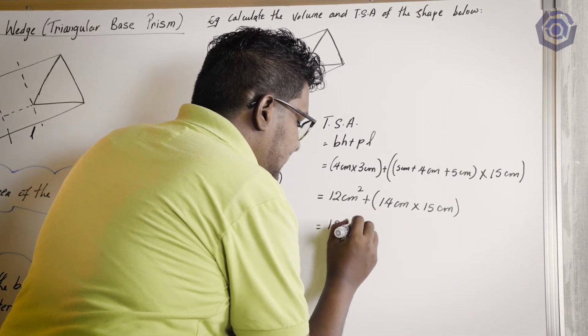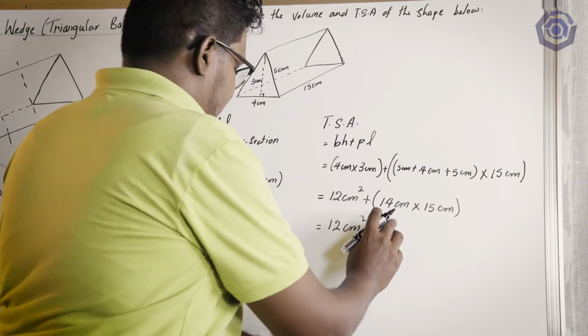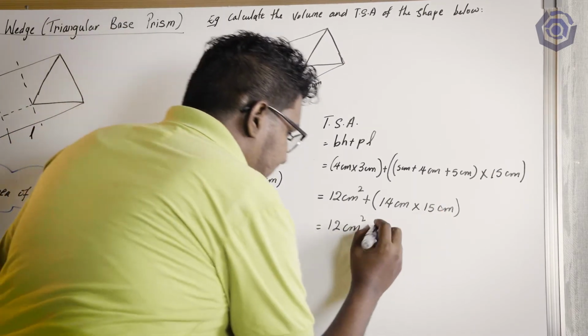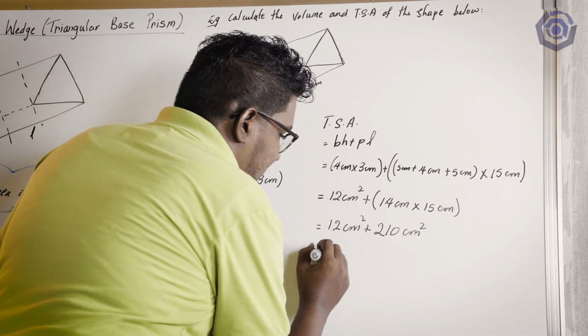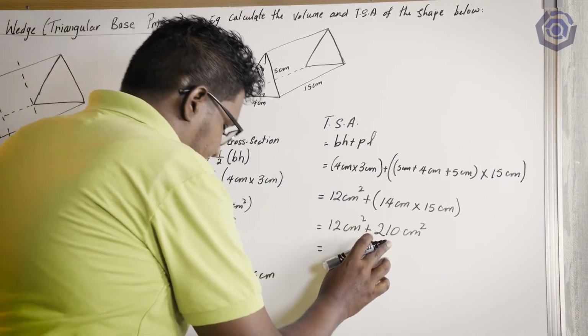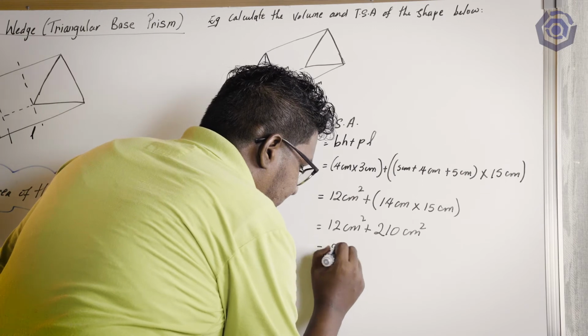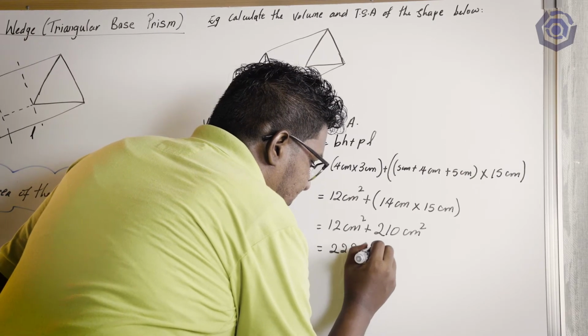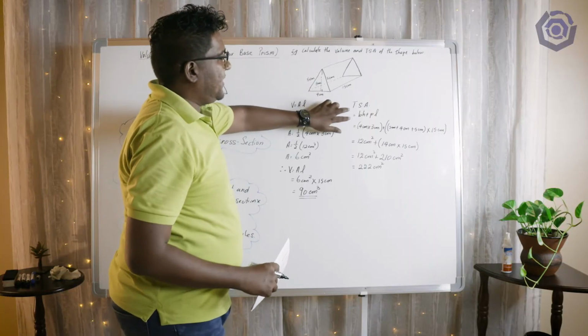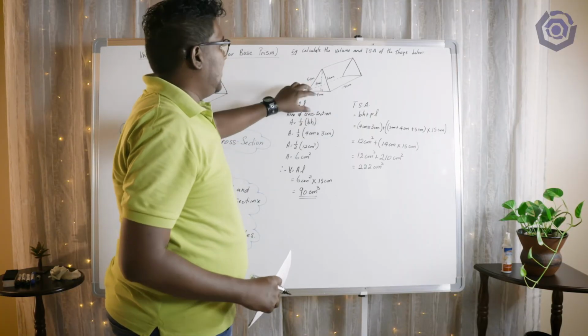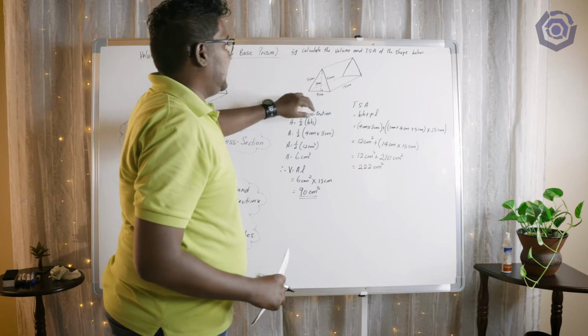This is 12 cm squared plus 14 times 15, which is going to give me 210 cm squared. 12 plus 210 is going to give me 222 cm squared. So we use the BH plus PL once we know the three sides and the height.